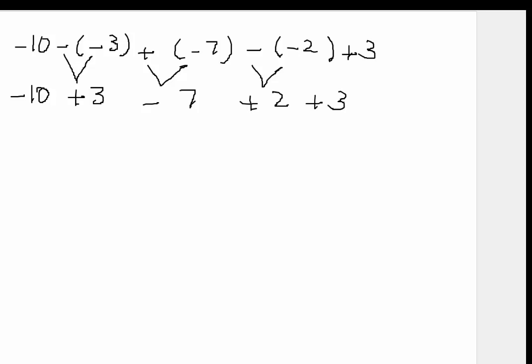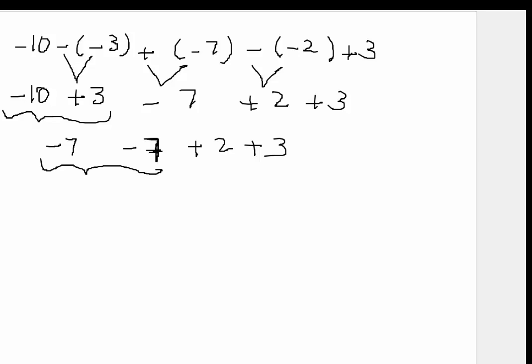So in this case, if I go from left to right, I have -10 plus 3, so it would be -7. And then I have -7 would be -14.